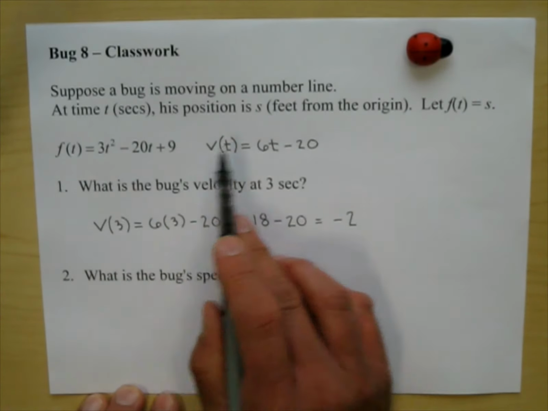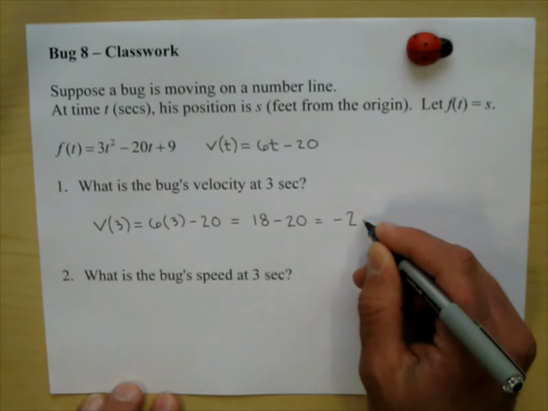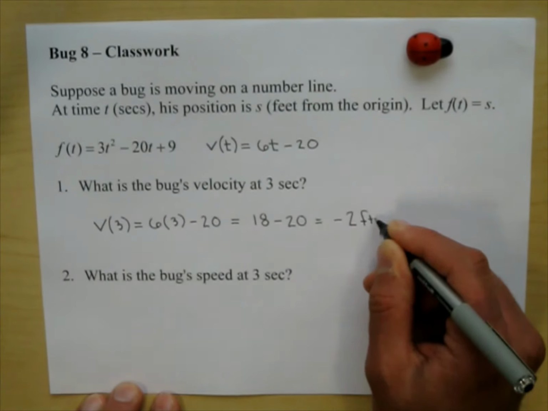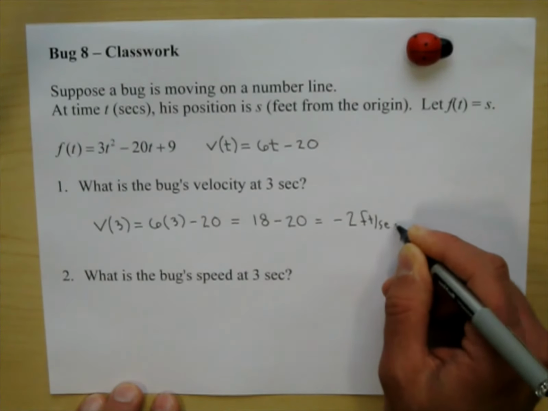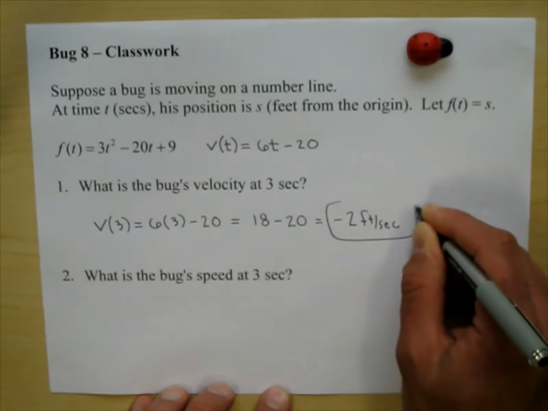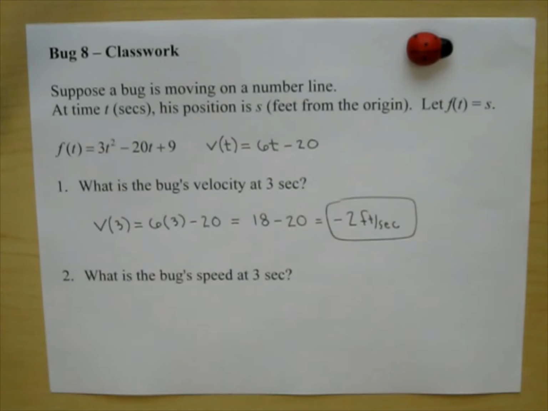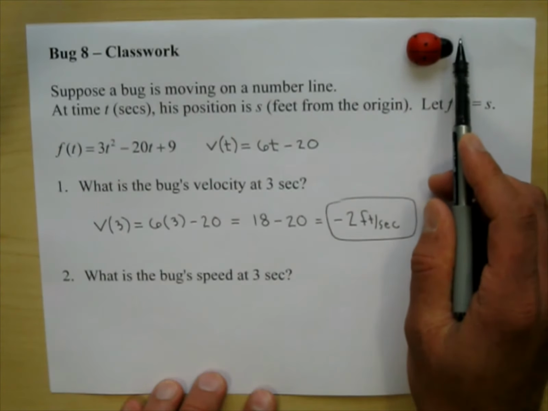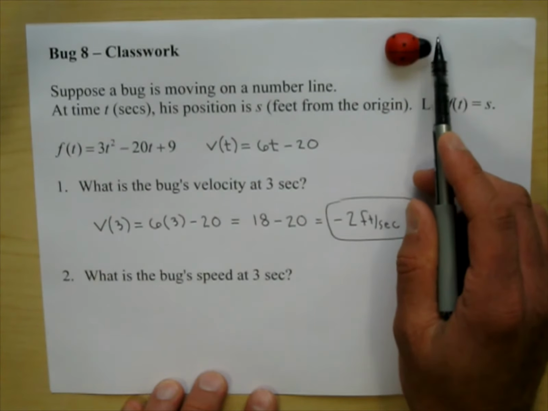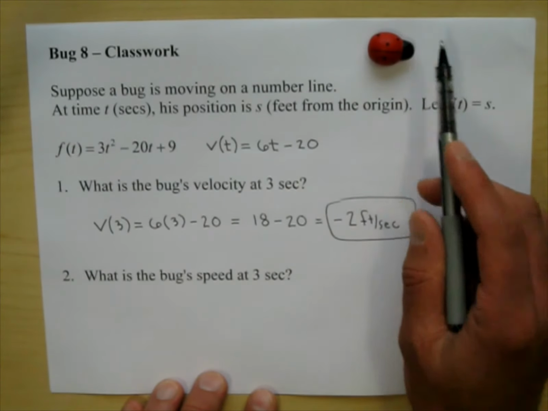Well, we see, feet and seconds. So we're going to say negative 2 feet per second. So that would mean the bug's velocity, at time 3 seconds, he's actually going backwards on the number line. He's going to the left.